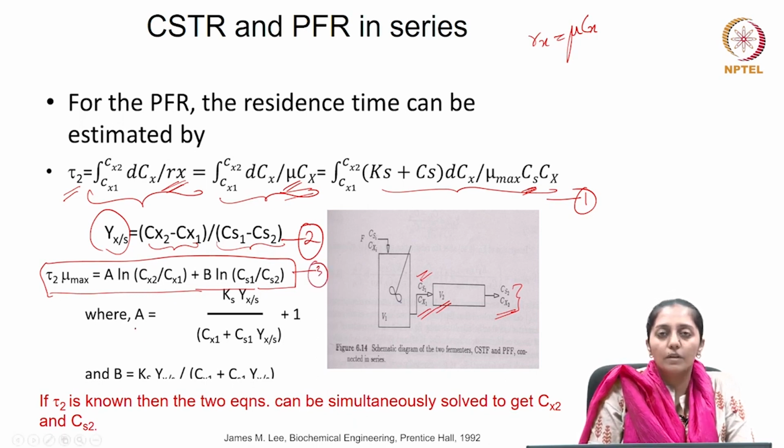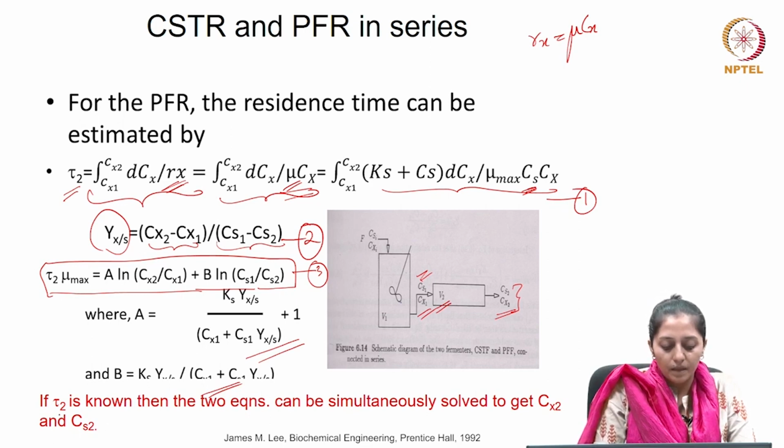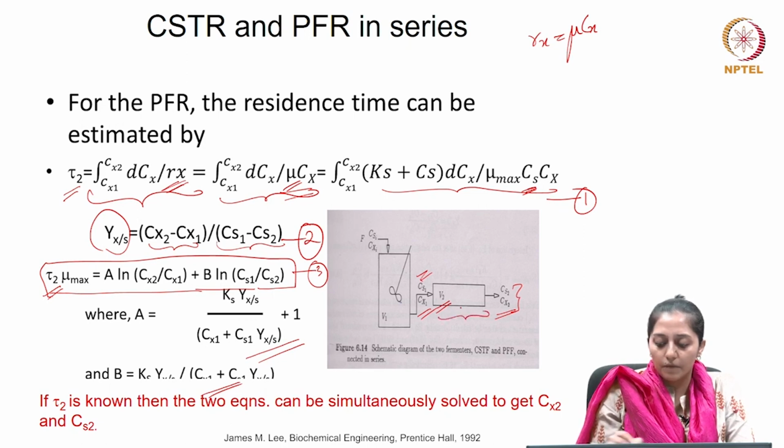And A and B, which we have already seen in batch reactor design, will be constants which are a function of the inlet substrate and biomass concentration and yield coefficients with Monod's model parameters. Now, tau 2 here was the residence time of the plug flow reactor.